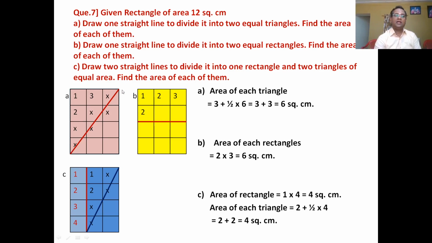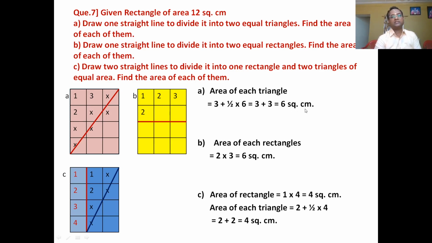I have drawn one straight line. You can see the red straight line dividing this rectangle into two equal parts. So the area of each triangle will become half of the total rectangle, or you can use the formula half base into height, or you can count the number of full squares, 1, 2, 3, and the number of half squares, 1, 2, 3, 4, 5, 6 half squares. 3 full squares plus half of 6 half squares, making 3 plus 3.